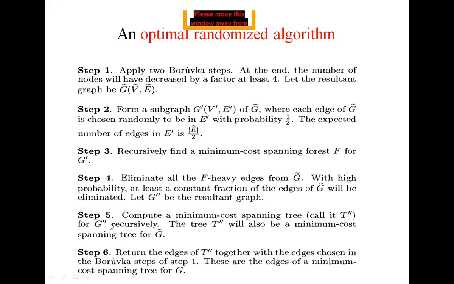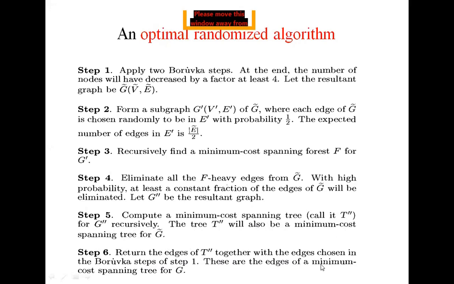Now, in step 5, compute a minimum cost spanning tree, call it T'', for G'' recursively. Finally, we are calculating the minimum cost spanning tree. The tree T'' will also be a minimum cost spanning tree for G. Now return the edges of T'' together with the edges chosen in the Borůvka steps of step 1.